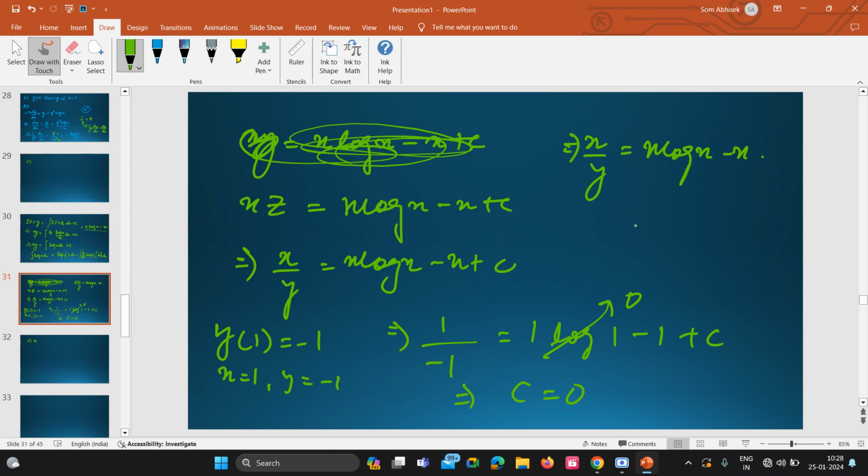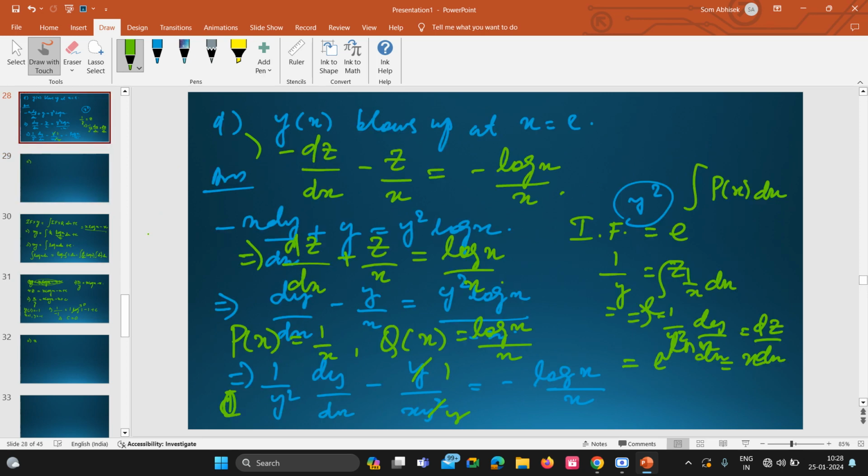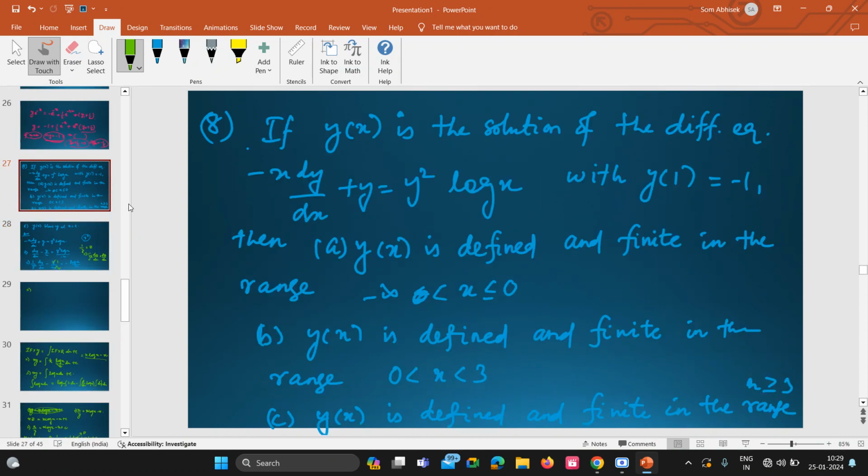Now, we have to see the options. What are the options? Option: y(x) is defined and finite in the range minus infinity to 0. What have we got so far?